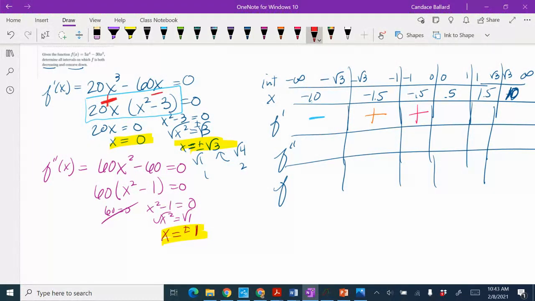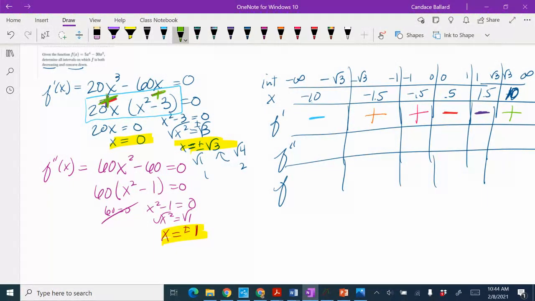So a positive times a negative would be negative. 1.5 would be positive here, and 1.5 squared would be 2.25, so the second factor is still going to be negative. So it's negative here. And when I plug in a 10, it's positive here, and 10 squared minus 3 is positive. So positive times a positive is positive.